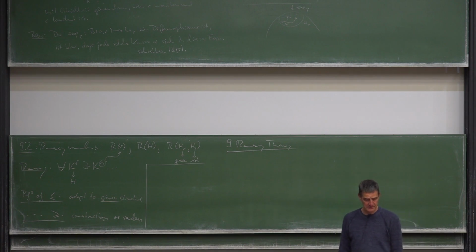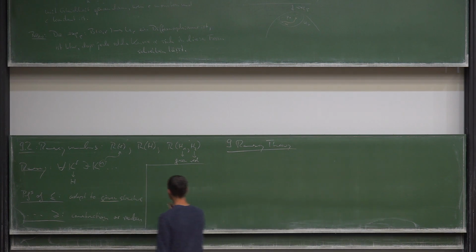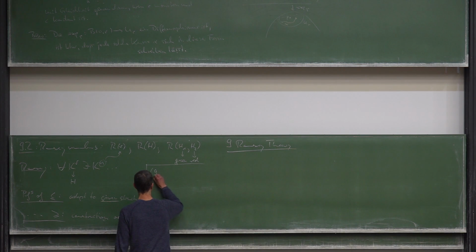Now, let me give you the first little proposition. That's 291, 921.